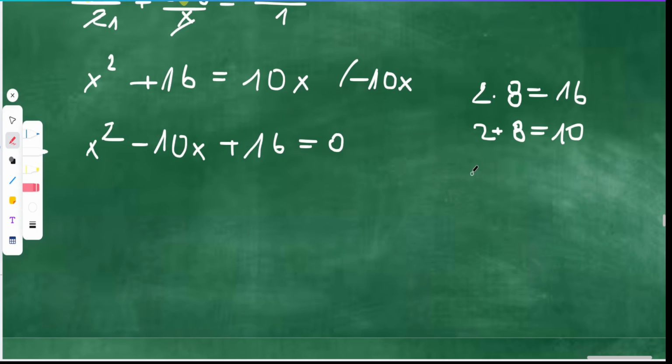So minus 2 multiplied by minus 8 is also 16, and that's okay. And minus 2 plus minus 8 is minus 10, and that's also okay. Here we have minus 10. Here we have 16, so we can write this quadratic equation as a product of two factors.